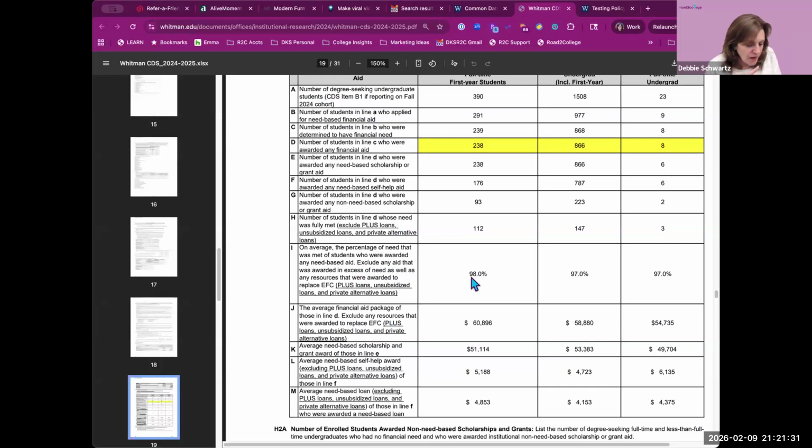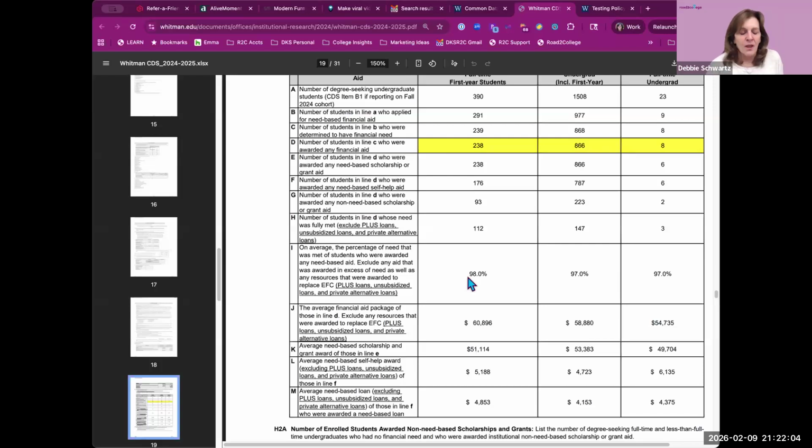A college can determine that your student should get need-based aid, and they can award them need-based aid, but it doesn't mean they are going to award them the full amount of what they were determined to have a need for. So in this case, Whitman says if we find that your student has financial need, we're going to give them up to 98% of what the need is.